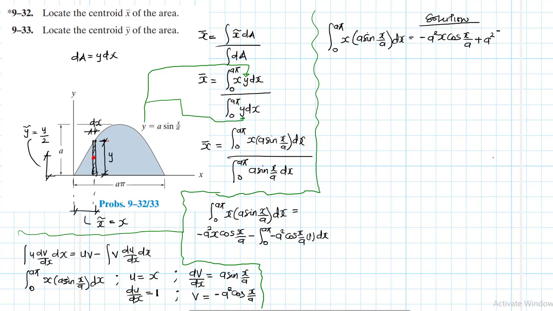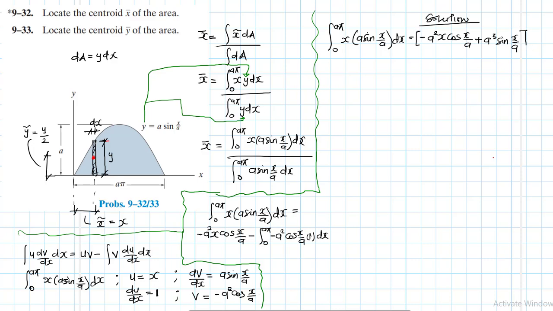If we did the integration of this part here, this becomes sine. There's an a there, and once we integrate, a will come up, so a by a squared will multiply here, and we'll have a cubed sine x over a.